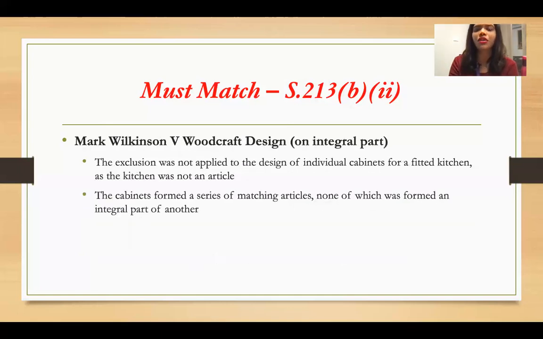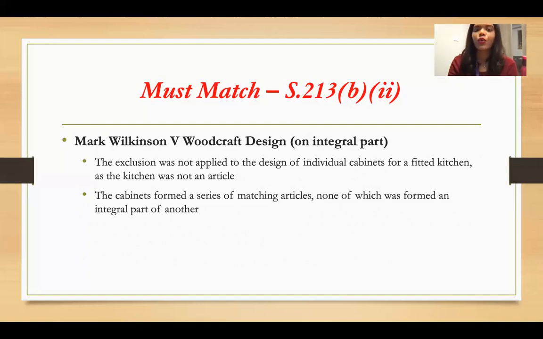We have the case of Mark Wilkinson, which also explained the part on integral part. He said that this whole exclusion, if you're talking about the fitted cabinet as a whole, will not be applicable purely because the cabinet is not an article.